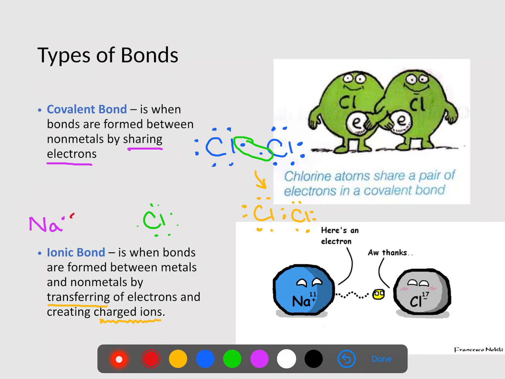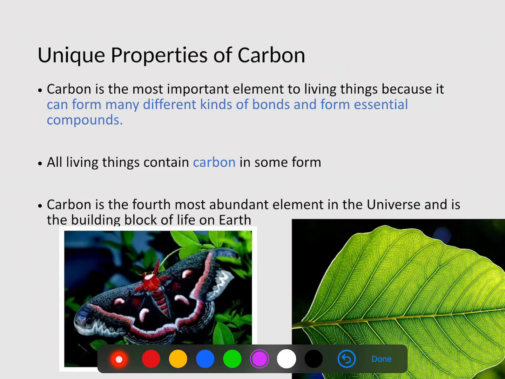So this sodium will transfer the electron over, and it will become a positive ion. The chlorine then accepts that, and because electrons are negative, becomes more negative. Now, the plus and the minus attract each other. That's how the bond is formed.